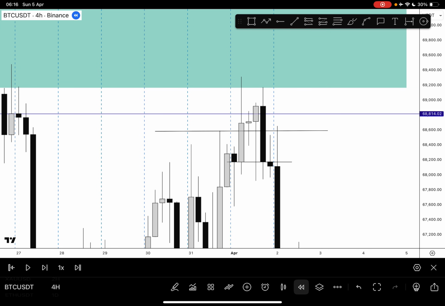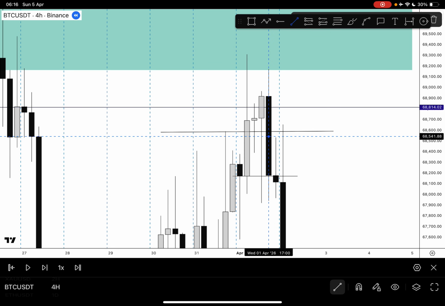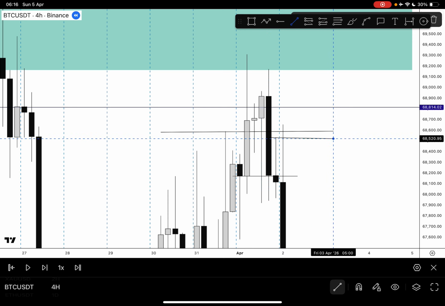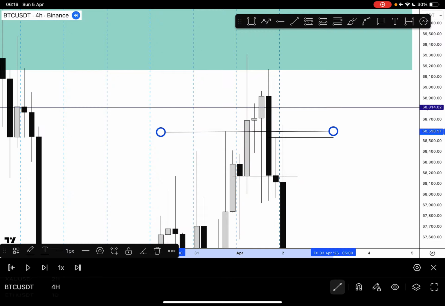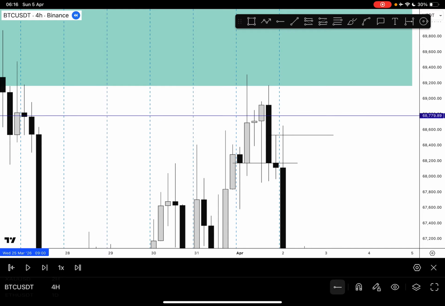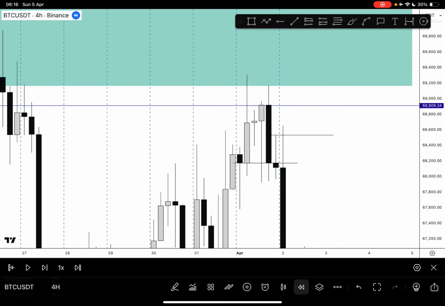On this 4 hours, here's your internal liquidity right here. Now if you look closely here, there is no QM, and this apex right here is very far from where I want to enter from.